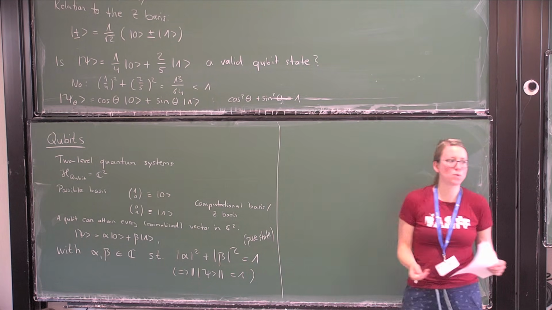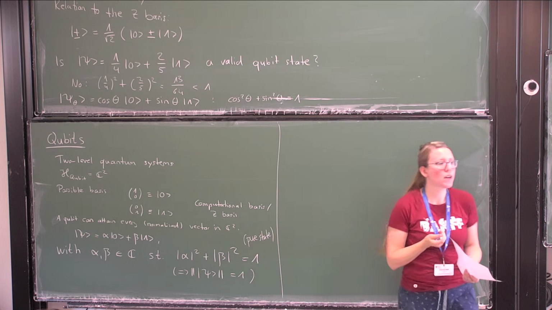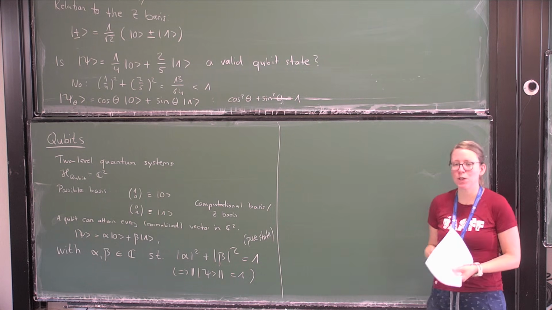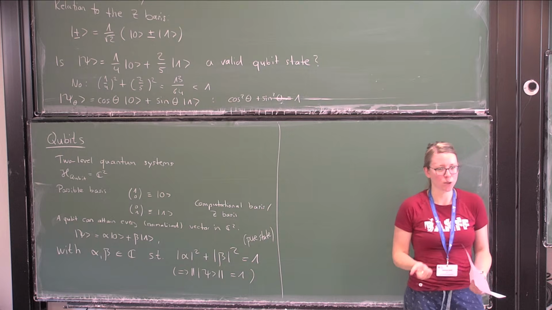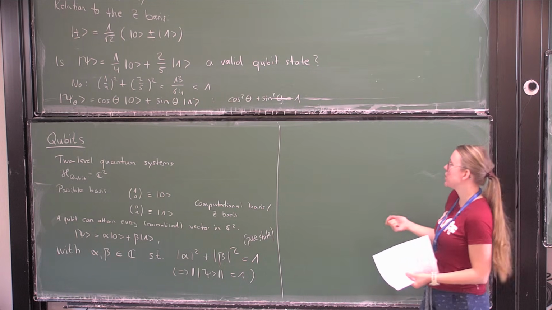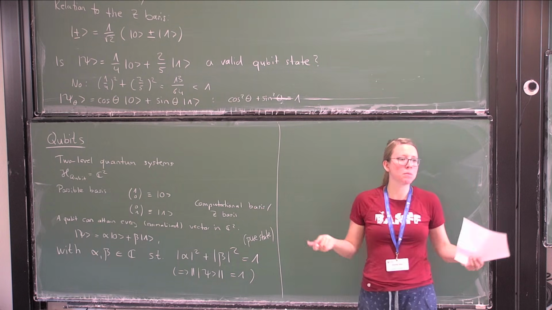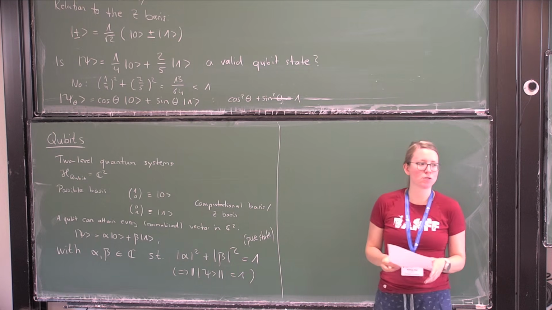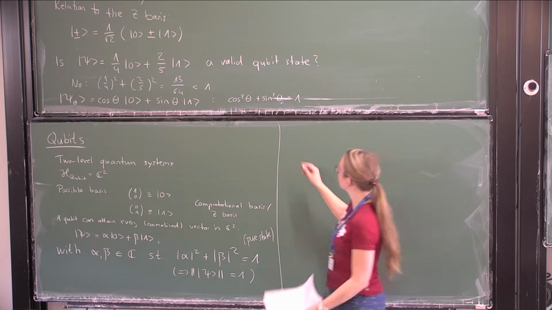Okay, so with this we can describe any state of a qubit. But what happens if we don't know exactly what state our qubit is in? Maybe we have some idea about what it's doing, but maybe there's only partial information. So how can we capture that?